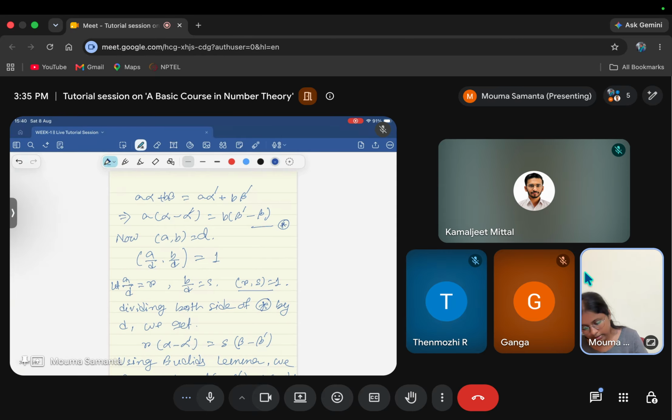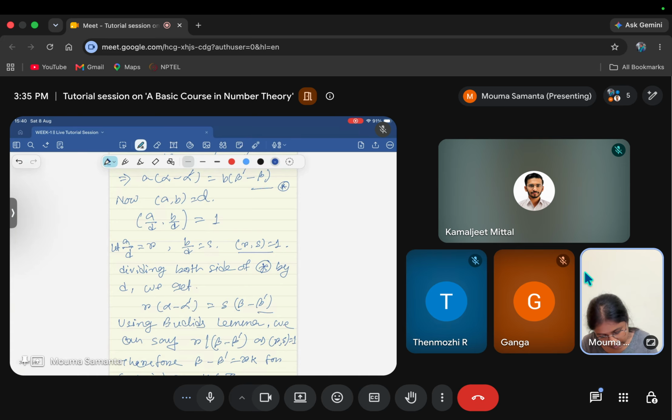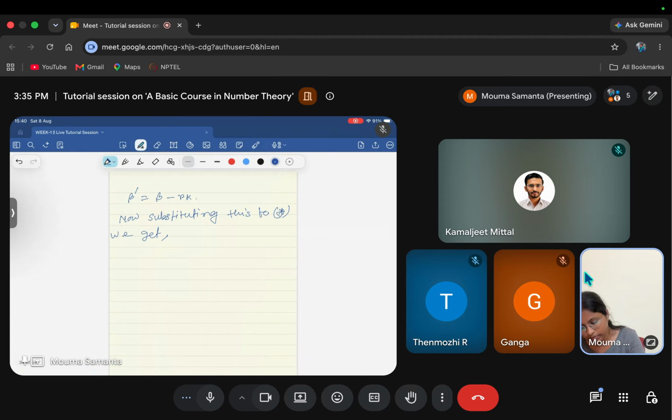Star is this, not here, not star, this is a double star or hash. We get that R times alpha minus alpha prime equals to S times beta minus beta prime, equals to beta minus beta prime equals to RK, that is alpha minus alpha prime equals to S times K, implies alpha prime.